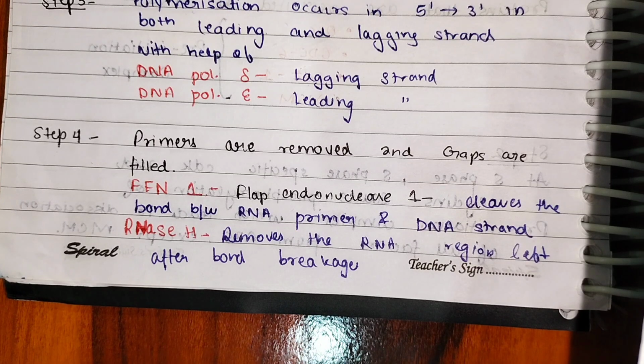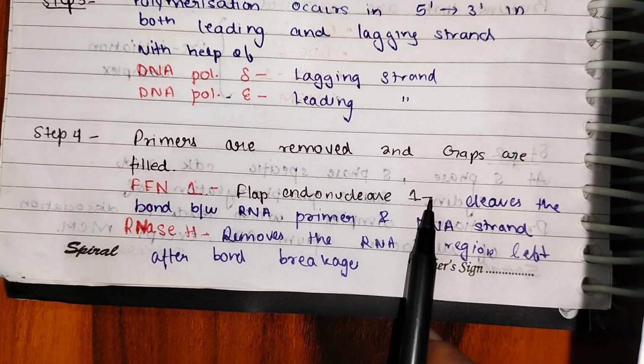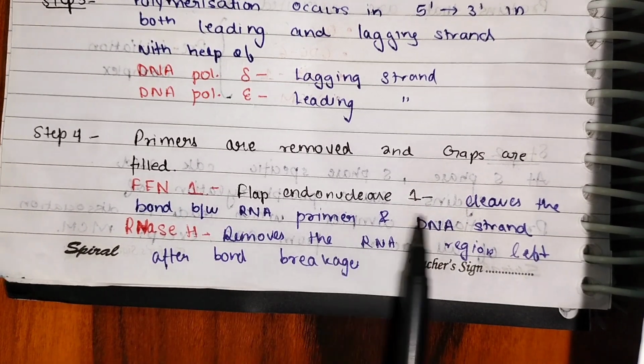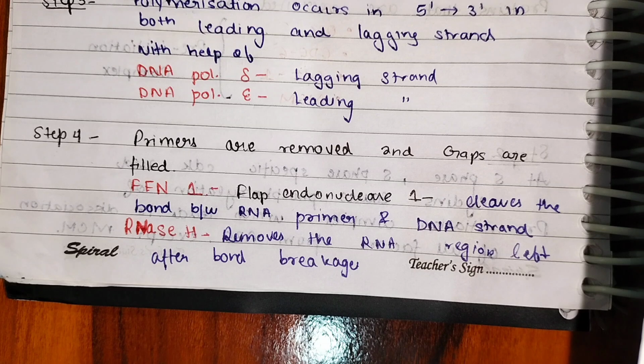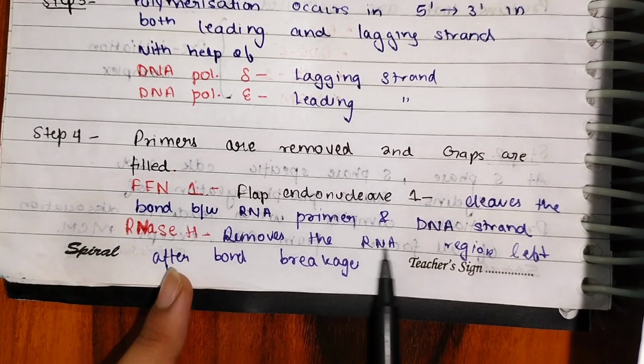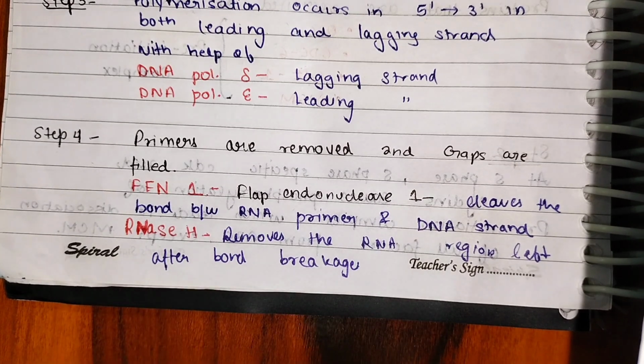So what is the function of FEN1, flap endonuclease 1? It will cleave the bond between the RNA primer and the DNA strand. Basically, it will separate the RNA primer from the DNA strand. And RNase H will remove that RNA region which is left after the bond breakage.